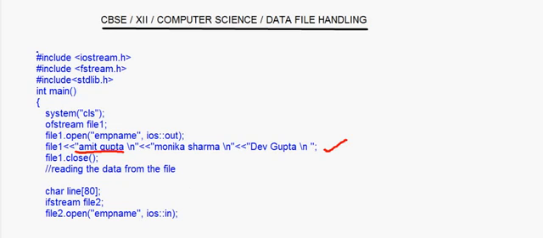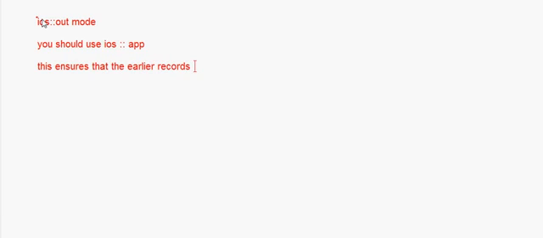So generally in most of the cases that we will be doing, instead of using the ios out mode, you should use the ios append mode, app, right? So this ensures that the earlier records are intact and the new records are added to the earlier ones. That's what we want in real life, right?